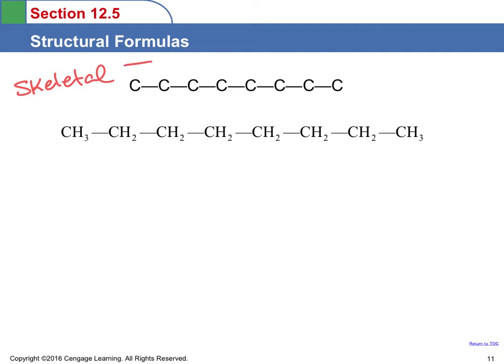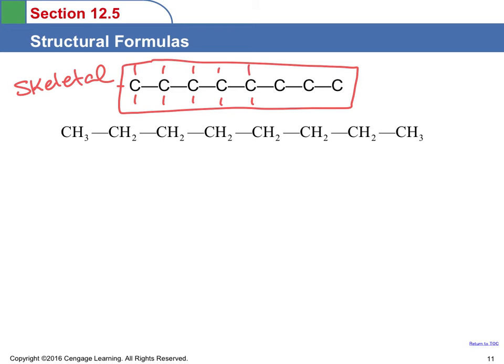If you were given this structure and asked how many hydrogen atoms there are, you would go through and count. There's 3 on that carbon, 2 on each of these, and 3 on this end. Or we've got 1, 2, 3, 4, 5, 6, 7, 8 carbons, so if I use the formula I know, 2n plus 2, that means there's 18 hydrogens.